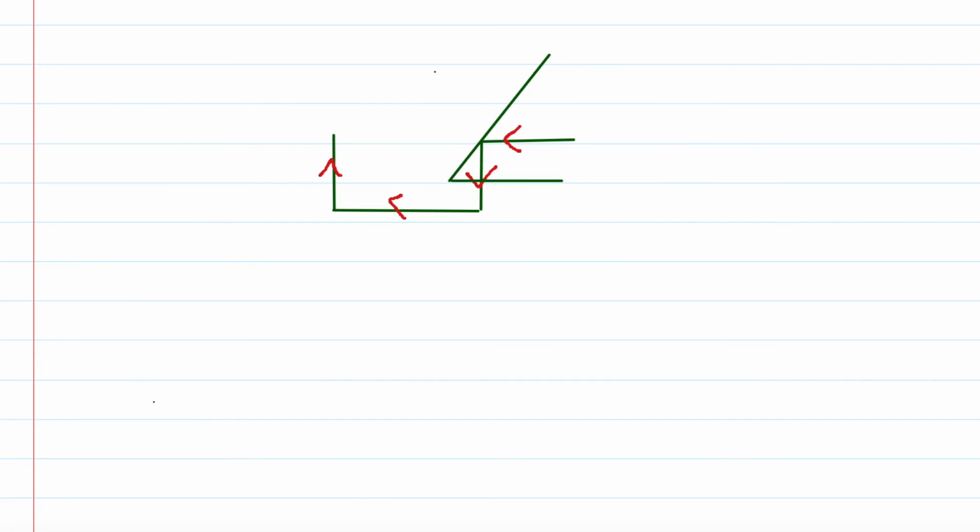Now I think I have made a mistake here. When I take this line, it has to make 45 degrees with this. See here, this has to be 45 degrees. So you may not always get 45. So what you do is, I'll tell you one small trick.